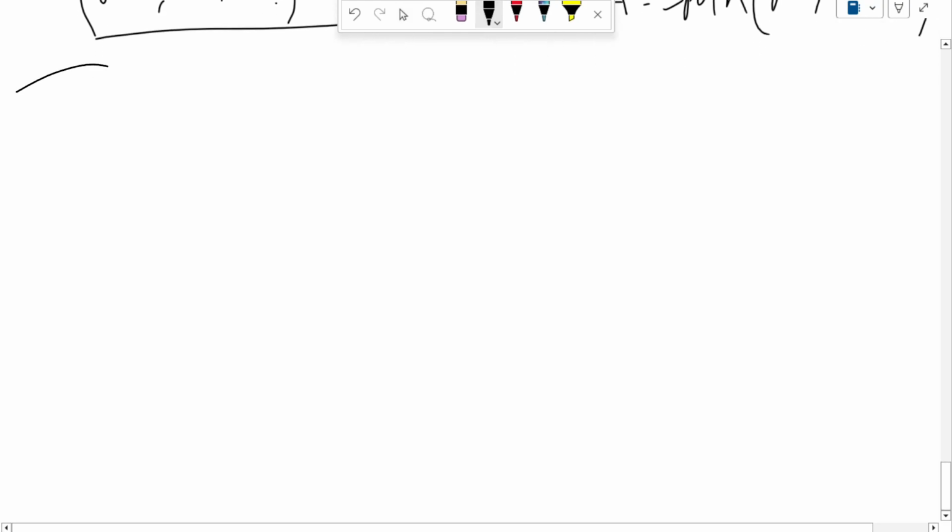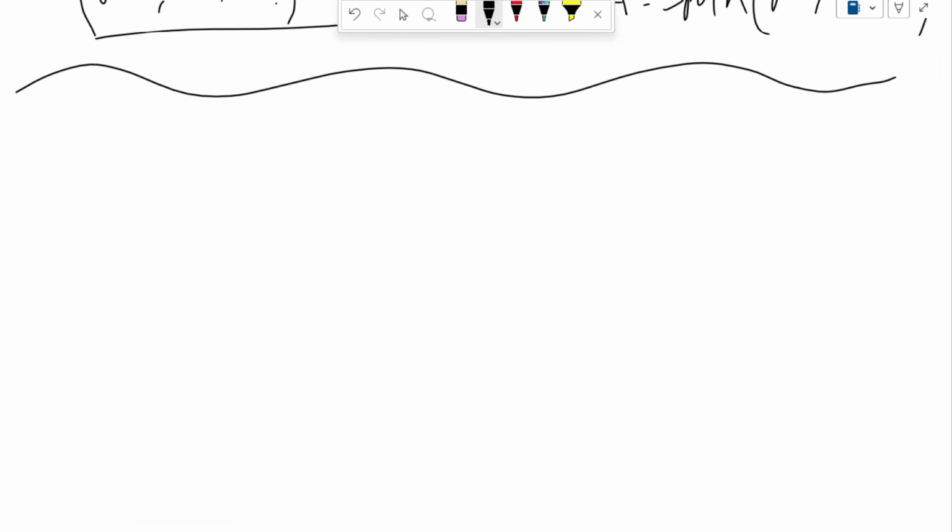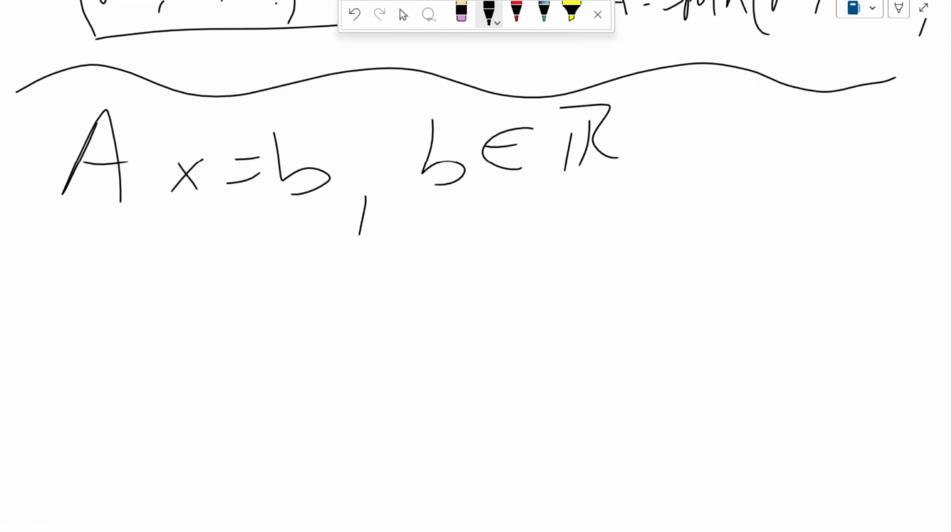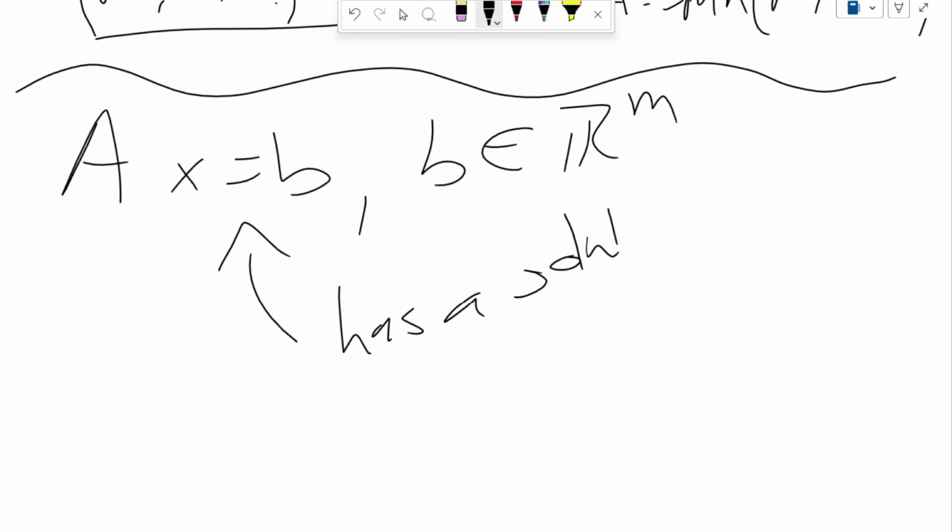Now it turns out there's more than one type of important space associated to a matrix. We've already talked about the null space. The second important space is called the column space. The column space is the set of all B in Rm such that Ax equals B has a solution.